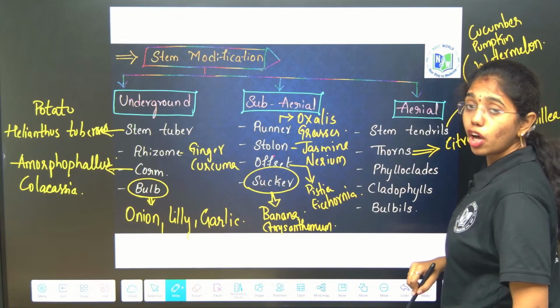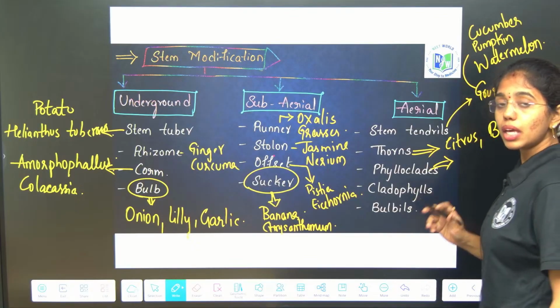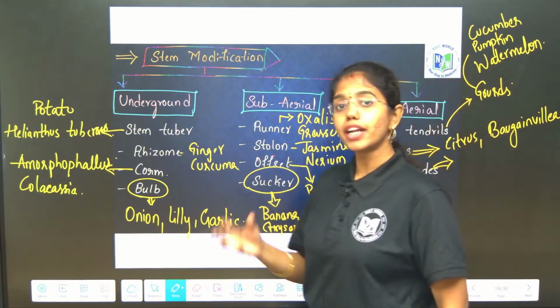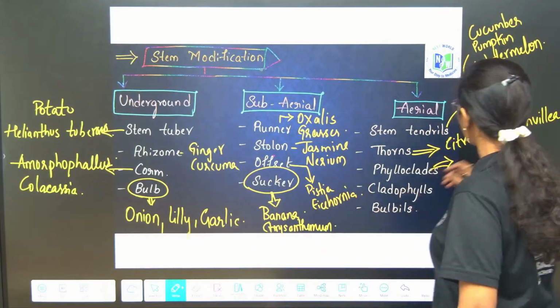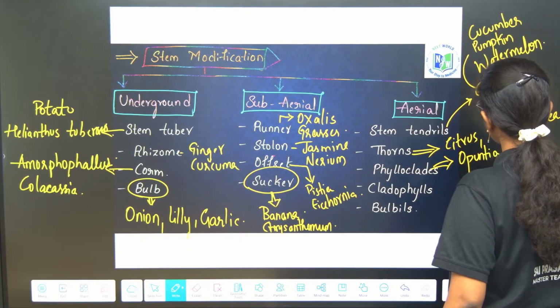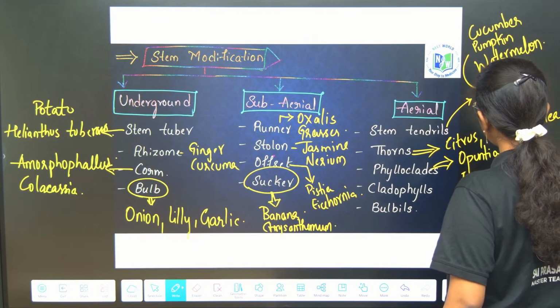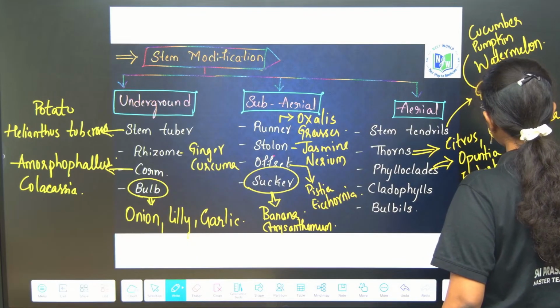Fine. Phylloclades. Phylloclades in the arid regions, the stem is modified to fleshy flattened, fleshy cylindrical or needle like structures. Examples include opuntia, euphorbia and casuarina.